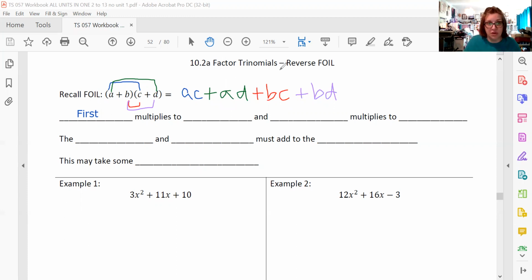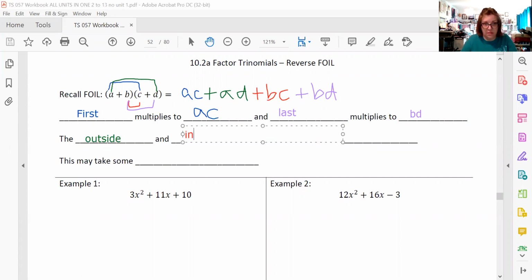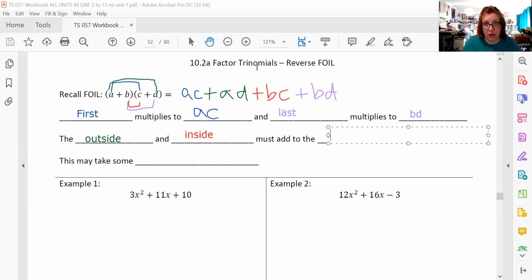So our firsts multiply to AC, and our lasts multiply to be BD, and then the outsides and the insides must add to become that middle term.